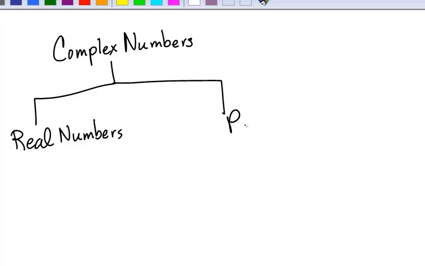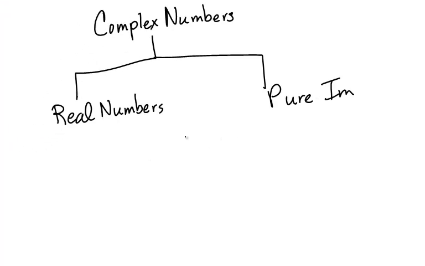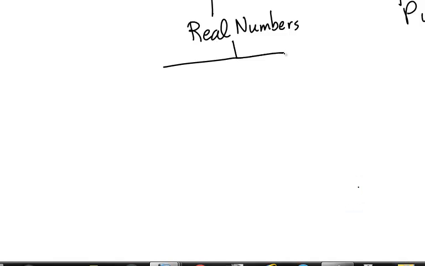And then we have the pure imaginaries. Okay, put the pure imaginaries and the real numbers together, you get the complex numbers. The real numbers split up into two things. Do you know what they are? No. Real numbers are the rationals and the irrationals.